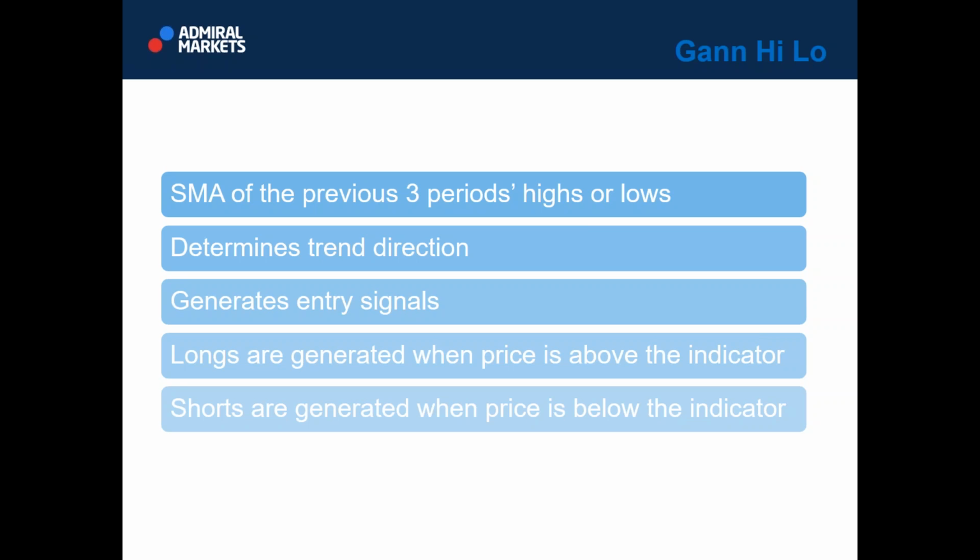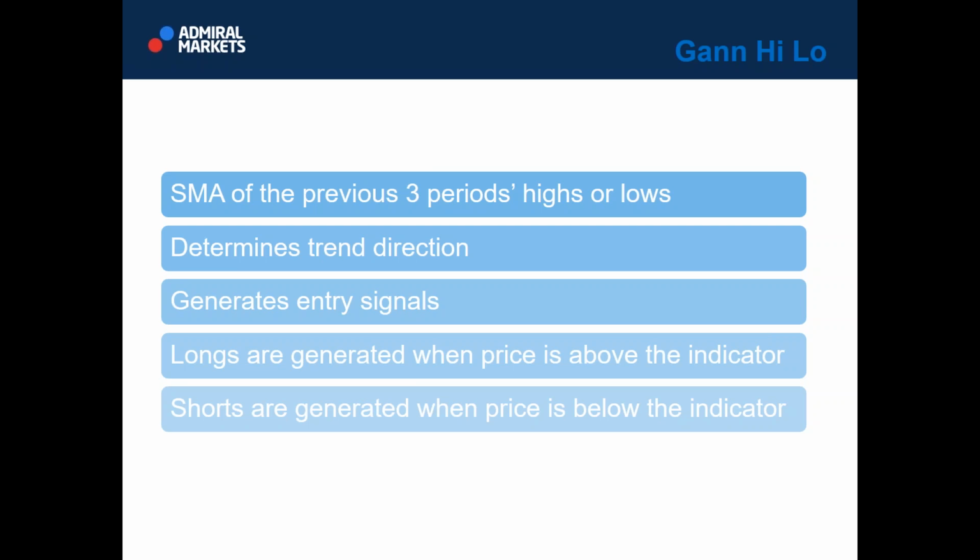Gann high-low is an SMA of the previous 3 periods' highs or lows. Usually the standard indicator that was used with the Gann system was named Gann high-low, and it was placed with a period of 10. So the default period of Gann high-low is 10.